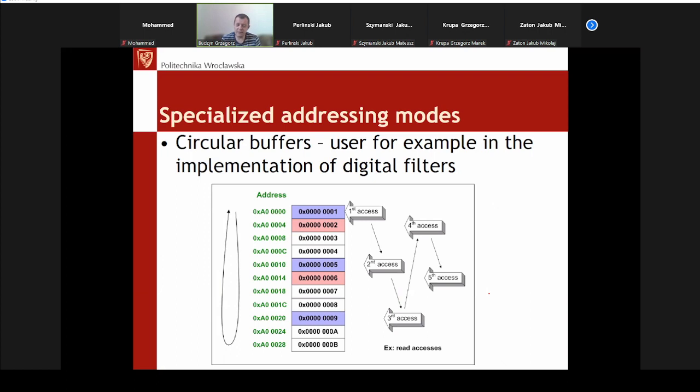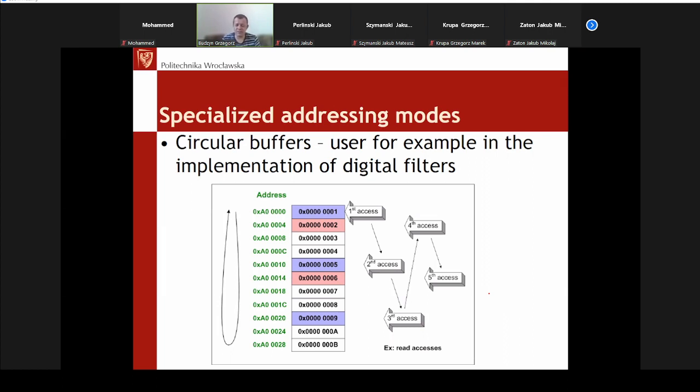Yet for signal processing, sometimes we have to go the other way around. Sometimes, for certain algorithms, it's a good idea to support special addressing modes.